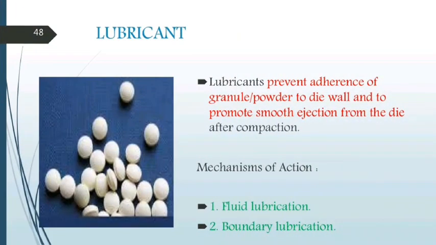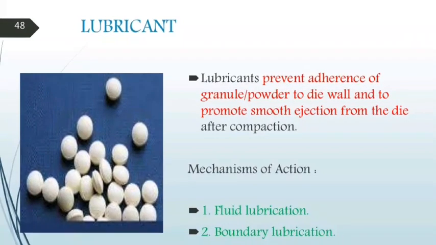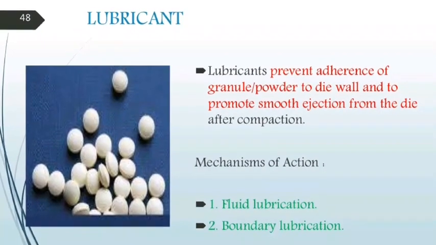Then lubricants prevent the adherence of granules and powders to the die wall, and promote smooth ejection from the die after compression. This is a substance that provides mechanical lubrication after the tablet is prepared.